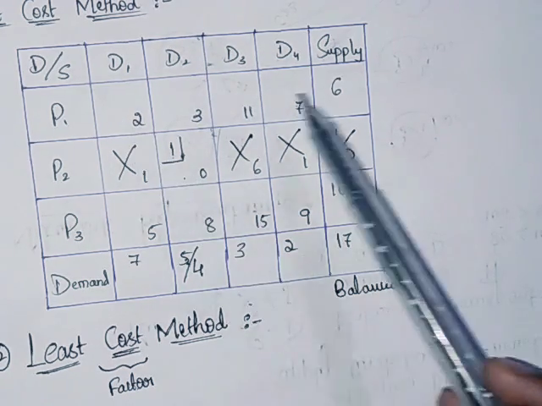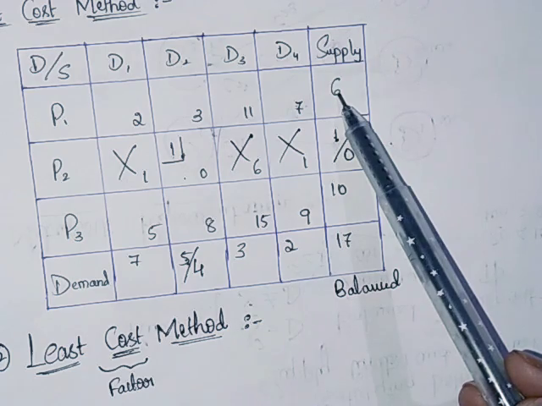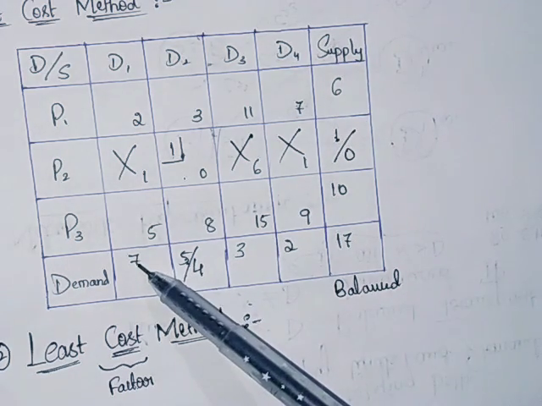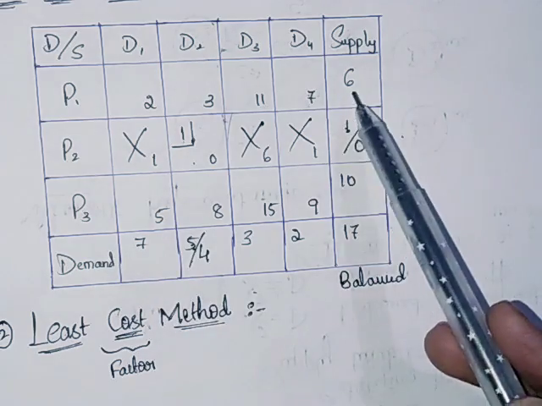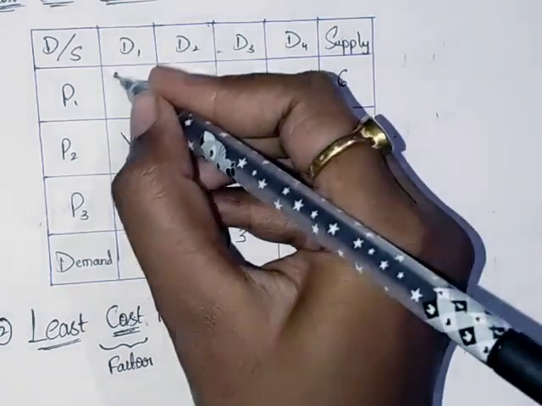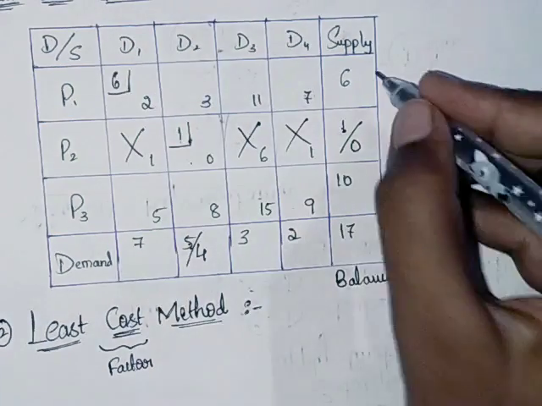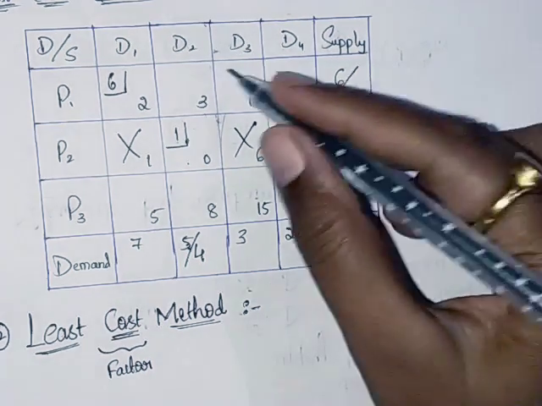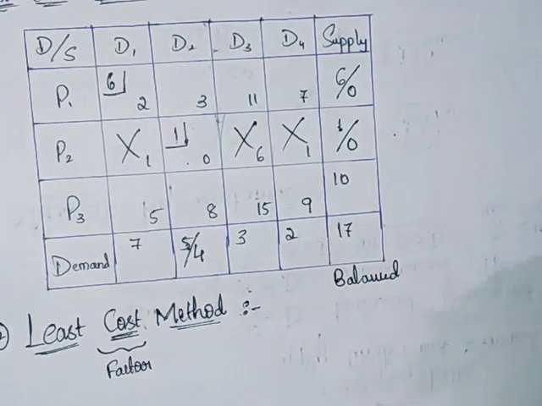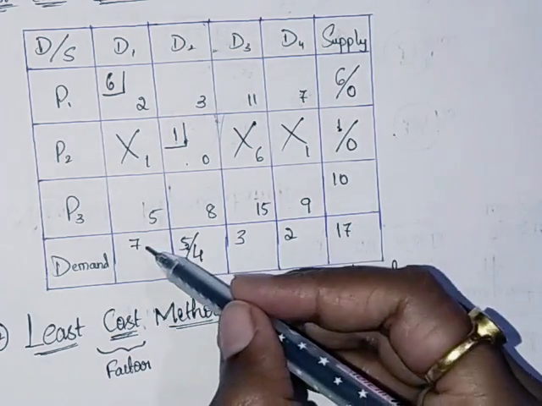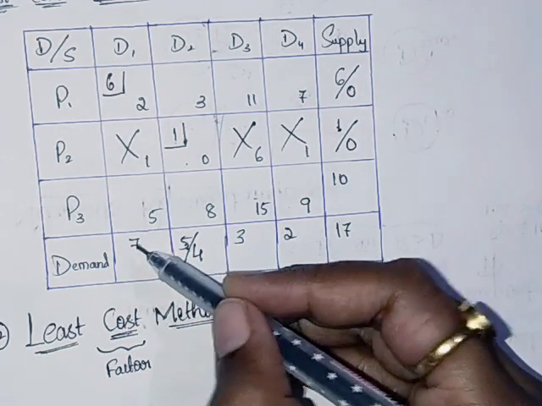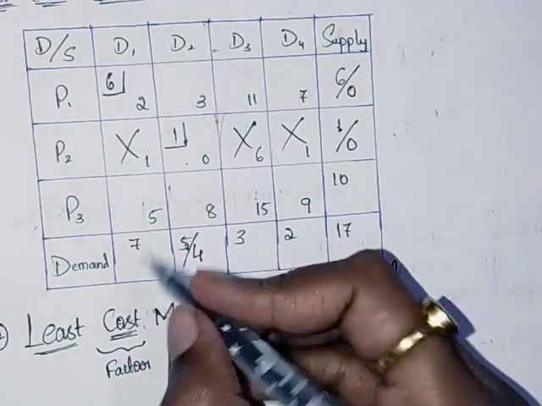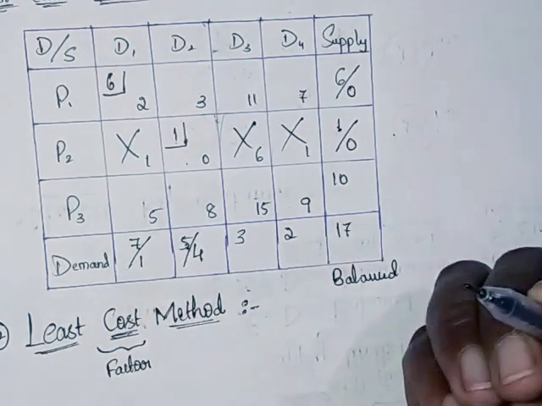Here the supply capacity is 6 units and the demand requirement is 7 units. So how many units can I allocate? A maximum of 6 units, because the supply capacity is 6. When I assign 6 units, the supply becomes 0, and the demand was 7 units, of which I have allocated 6, so the remaining demand will be 1 unit.